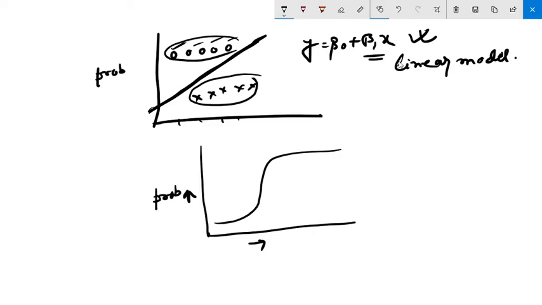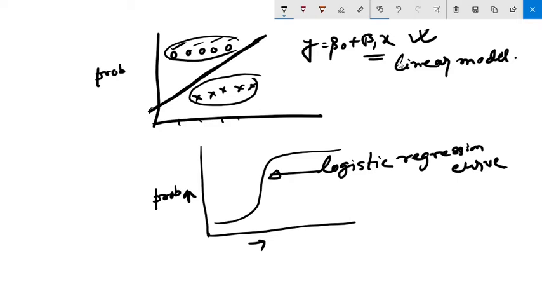So this logistic regression curve is slightly different than linear regression. It might justify the data in a better way. Okay, it is better than this linear regression model.